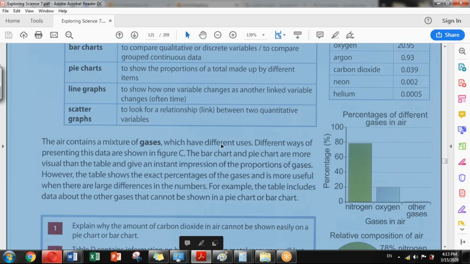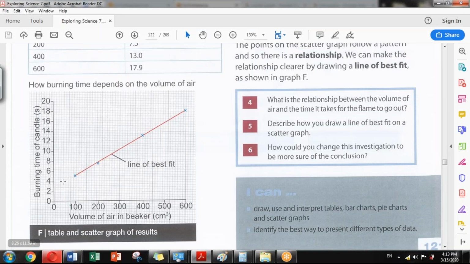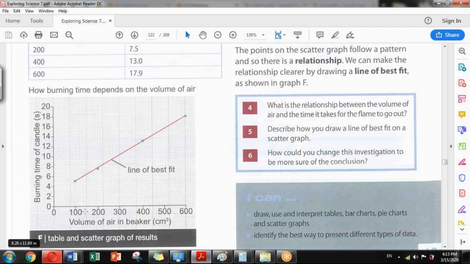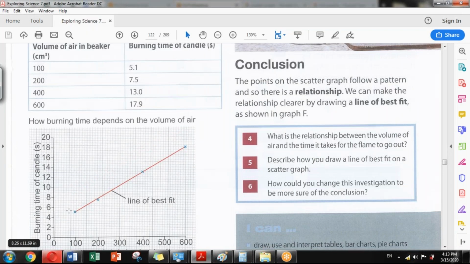Now let's try to draw it. Burning time of candle here, volume of air in the beaker here, and 100 here, and 5.1 here, approximately 5, then 7.5 here, then 13 and 17.9.